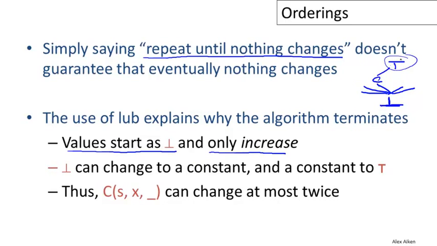Once we get to top, there's no greater element, and if the rules can only make elements increase, eventually we run out of elements that can be increased. So each piece of information we're computing, for every statement, for every variable, and for either in or out, can change at most twice. It can go from bottom to a constant and from a constant to top, but after that it will never be updated again.